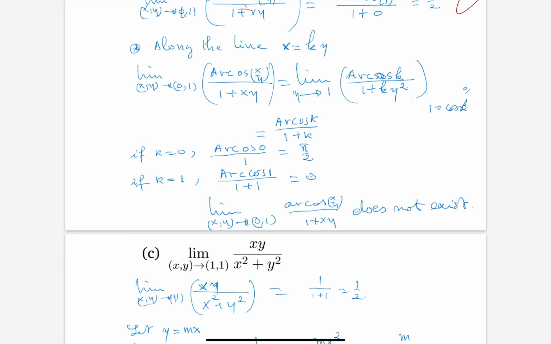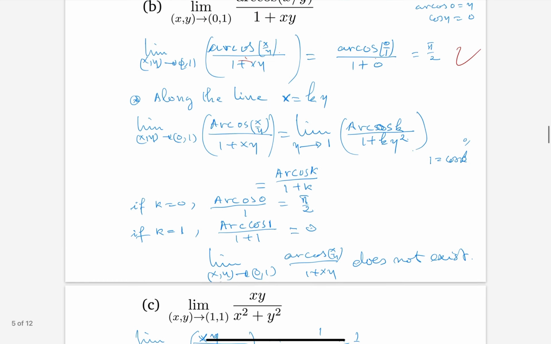Make sure here is x and y, because here if x is ky, then x over y is just k, because the y will cancel out. That's why you have k here. And then you have this one. Now if y goes to 1, you have this one. That's the limit. Now you have to put it in cases.